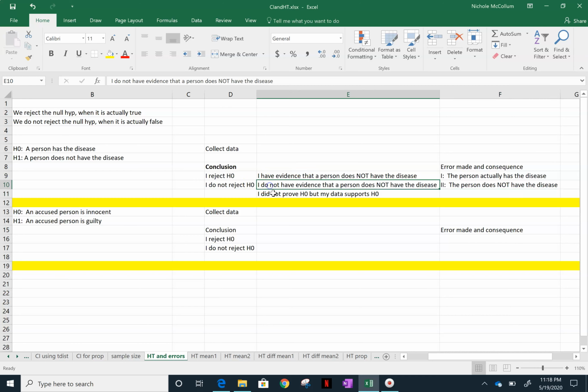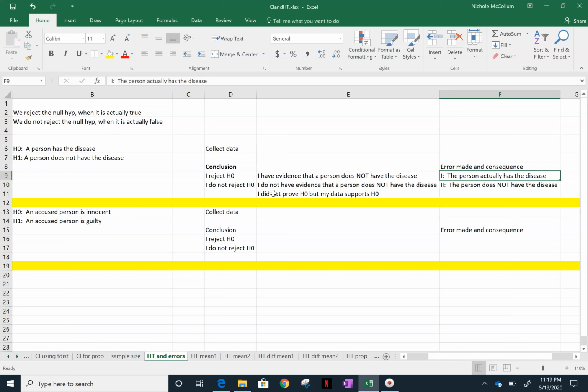So if you're doing I do not reject H naught, it kind of lends support that they have the disease, but you're not guaranteeing it with the test you have. So what's the error in that statement? The error in the statement would be, well, you have support that the person has the disease. That's a problem. Because what if in the end you get a more comprehensive test and it comes out the person does not have the disease?